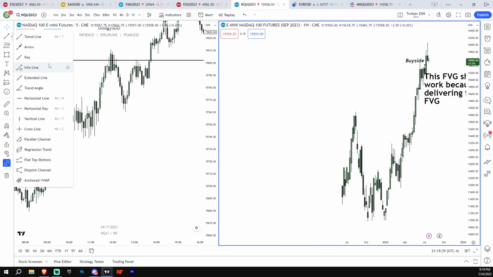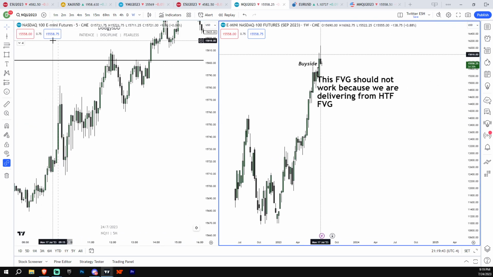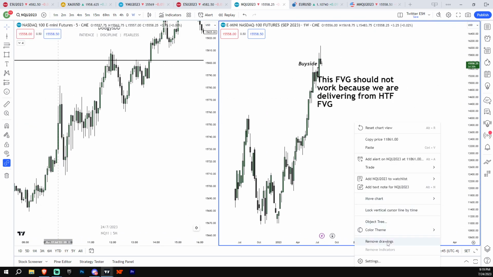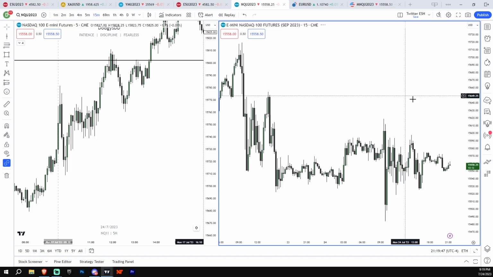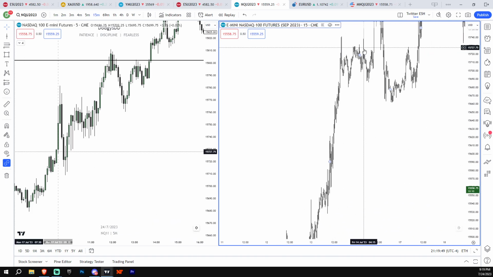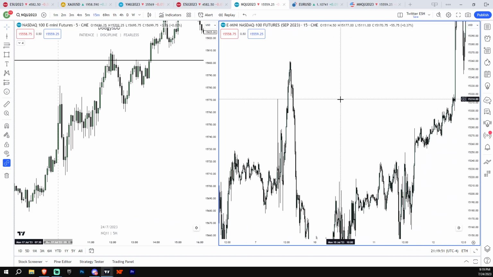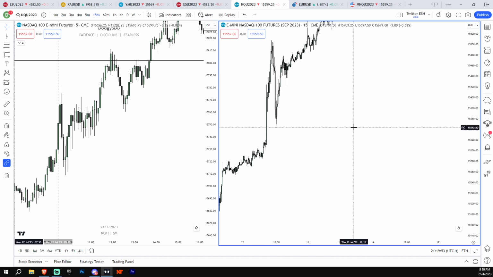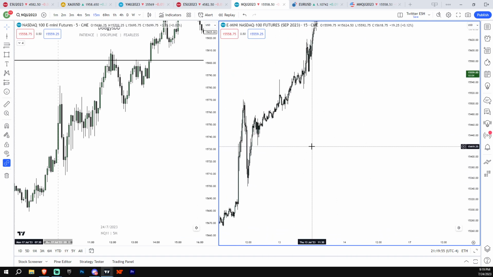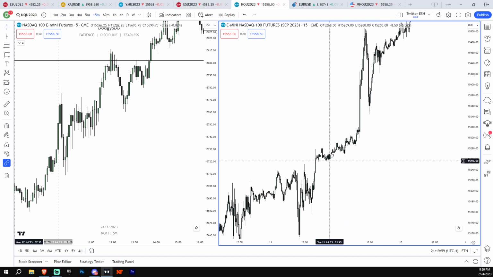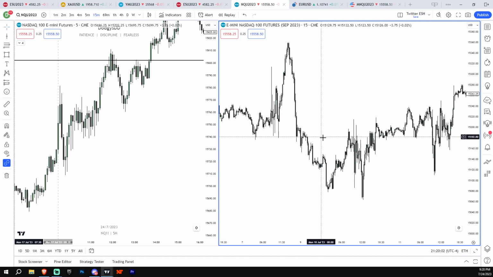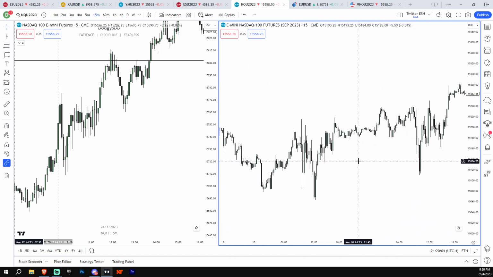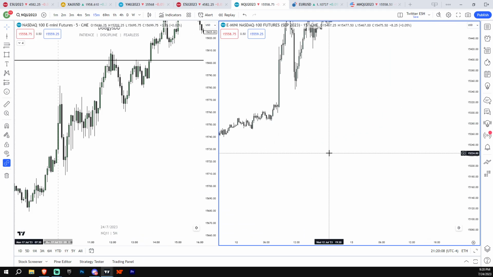I'm going to try to mark this up. So, one line here. Okay, where's Monday? I think this was a fair value gap. One second. Oh, this is the 17th.